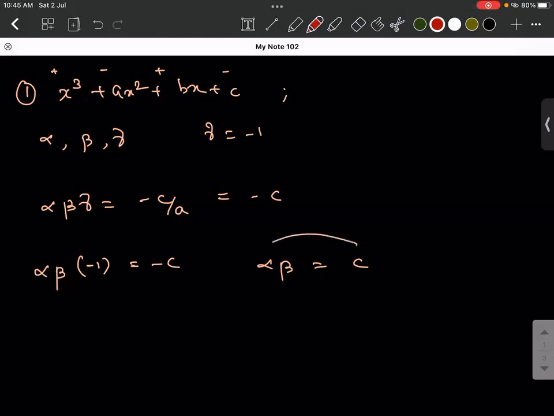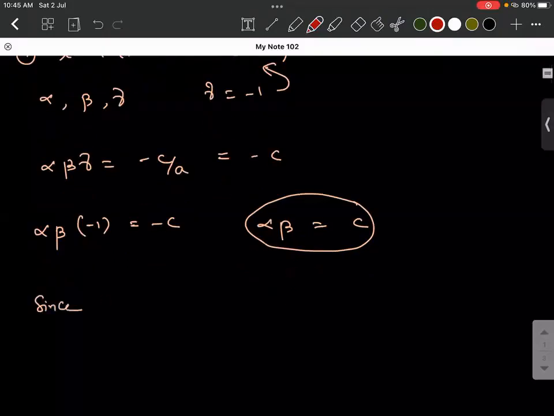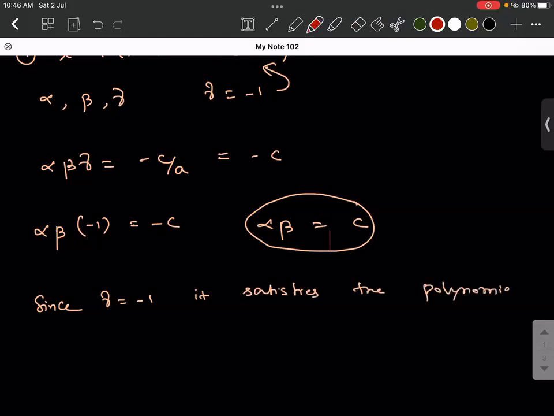Because see, this is giving me alpha into beta is equal to c. See, gamma is equal to -1 should satisfy the polynomial. Since gamma is equal to -1, it satisfies the polynomial.